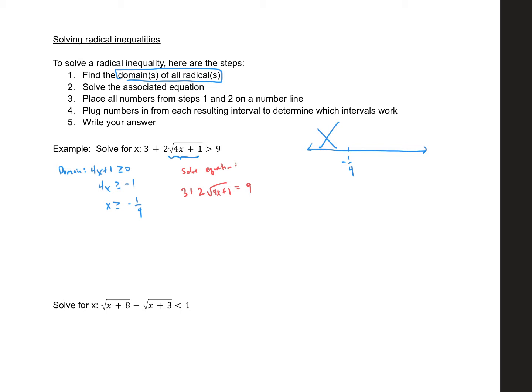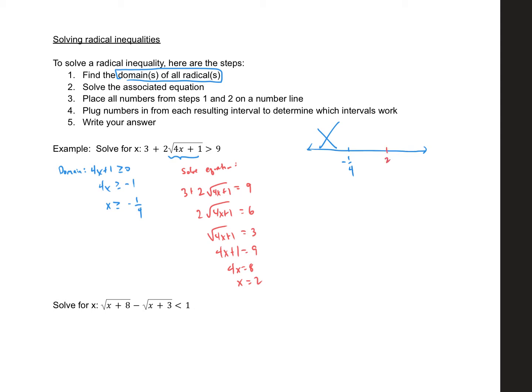So I'm going to solve it by reverse PEMDAS. So subtract 3 first, divide by 2, square both sides, subtract 1, and divide by 4. That number also goes on the number line.